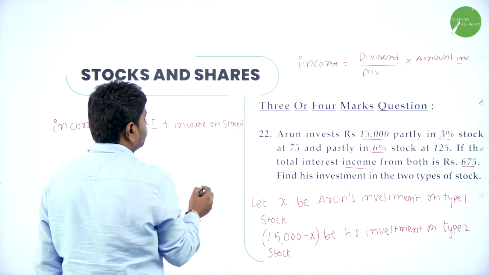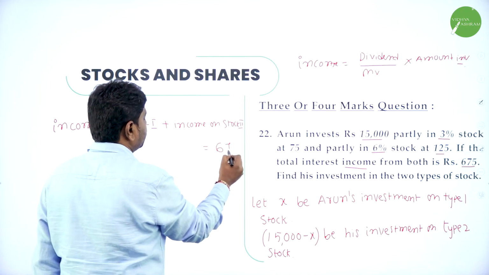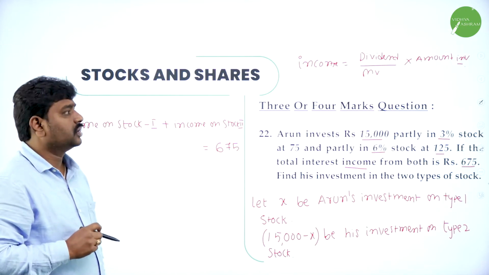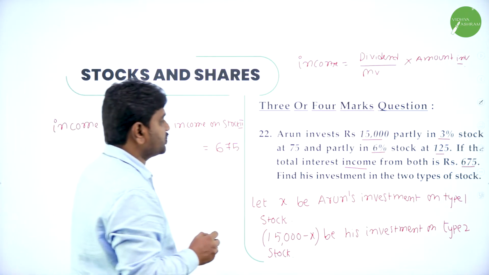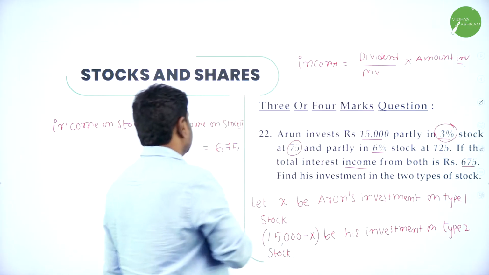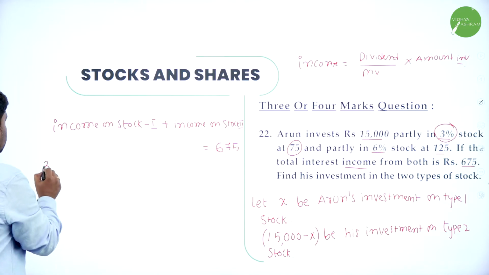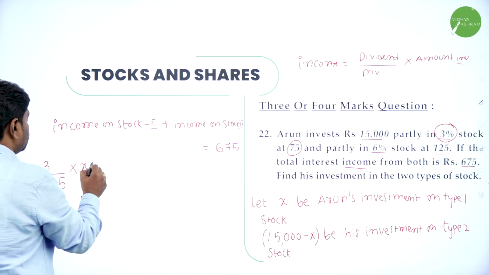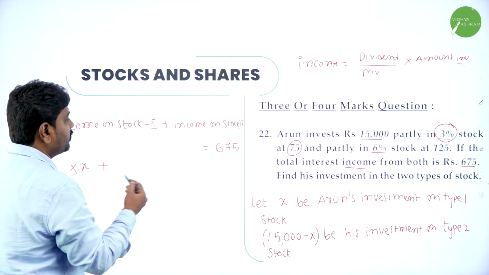This is the total income, is equal to what? 675. This is given. So what is the income on first stock? Use the formula. Income on first stock is at what? 3% at 75. So it yields income as 3 dividend, 75 market value into X rupees he invested, plus income on second.